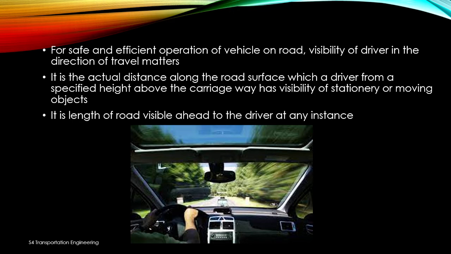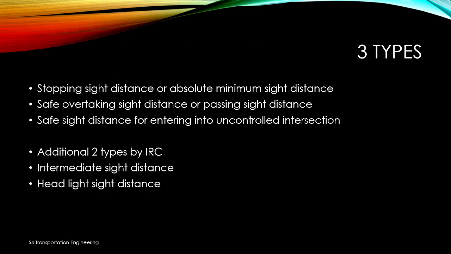When an object crosses the road, unless that object is visible, the driver won't be able to apply brakes and thereby stop the vehicle. So we have to ensure the minimum sight distance is available throughout the length of the road.